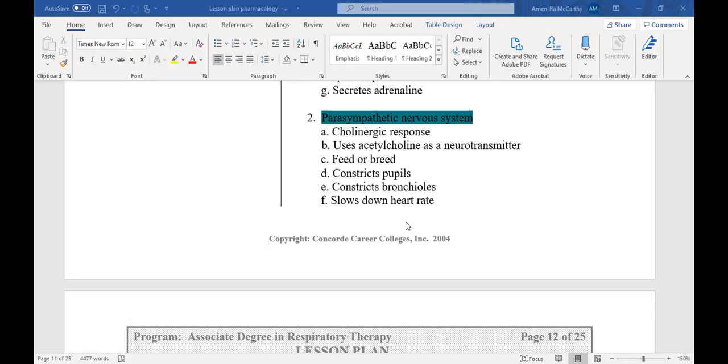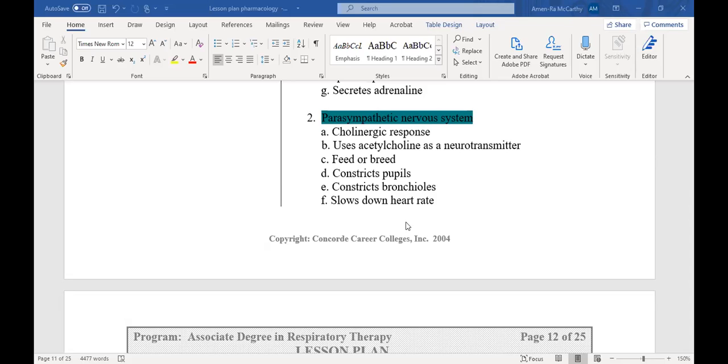The bronchioles, bronchoconstriction. Okay, well, since we know that, we want to find a drug that will do what, Kayla? If a cholinergic response is happening in my body, I want to take a drug that will do what, Kayla?